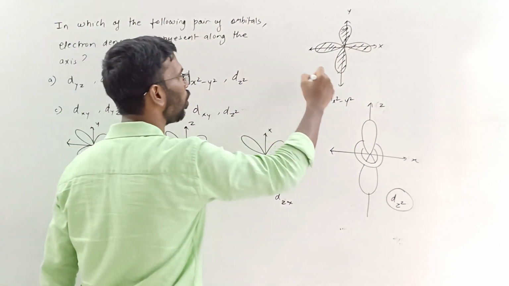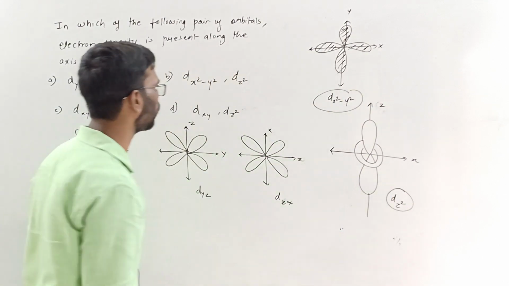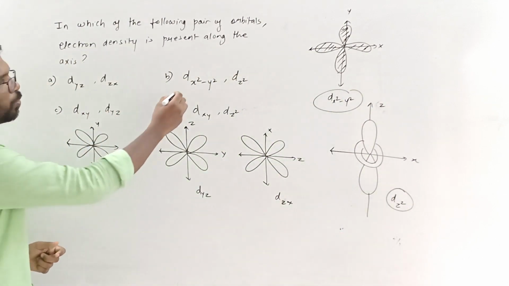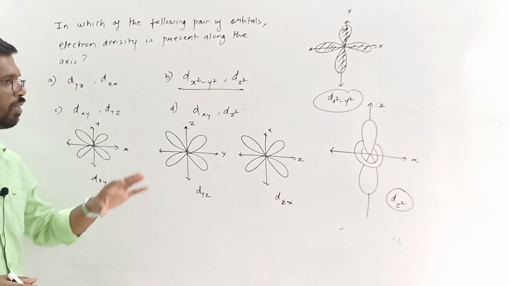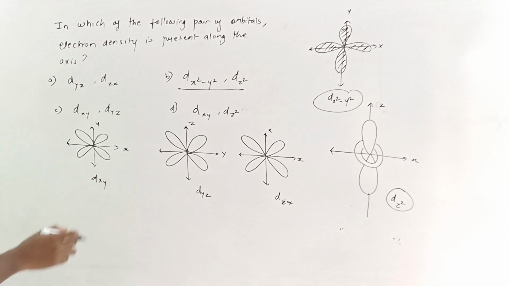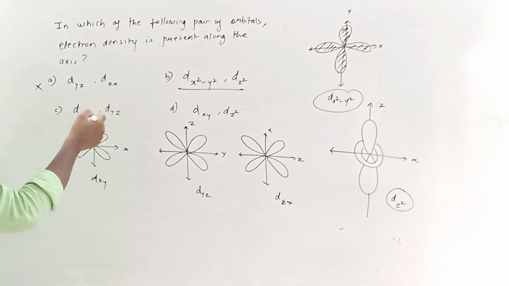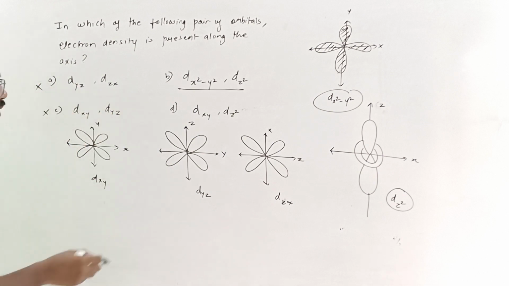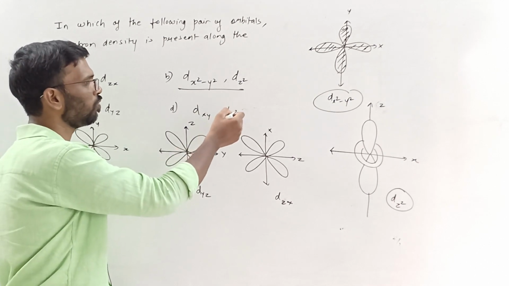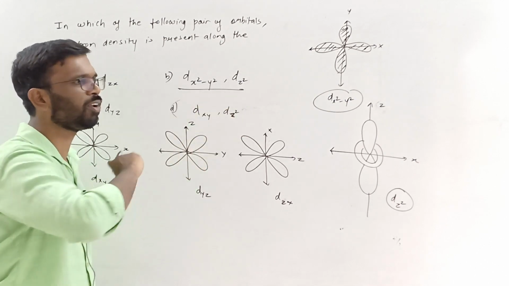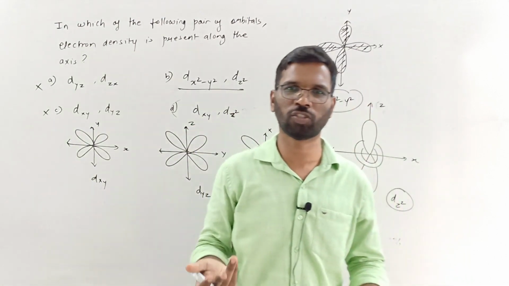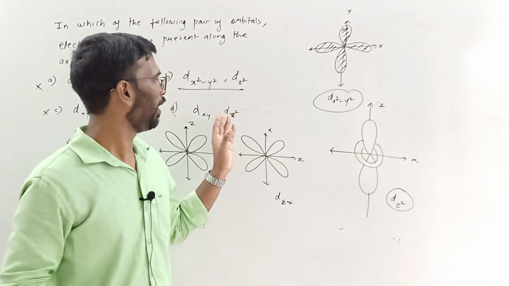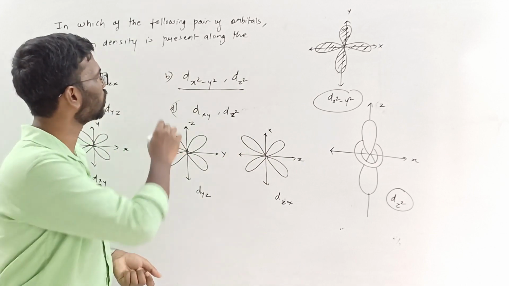These are the two orbitals, dx square y square and dz square. So option B is correct, dx square y square and dz square, where the electron density is along the axis. Here xy and yz is not correct. Here also it is not correct. Here one of the options, dz square, is correct, but we want a pair where both orbitals have the electron density along the axis. So the answer is option B.